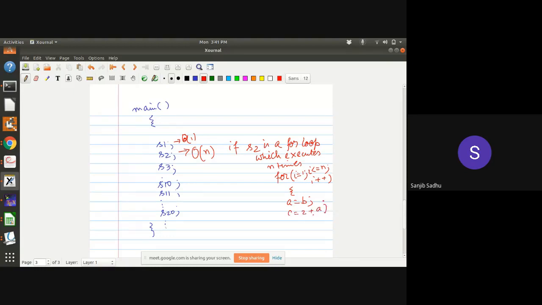So it may be big O of n, like this is an example, and the others are big O of 1.